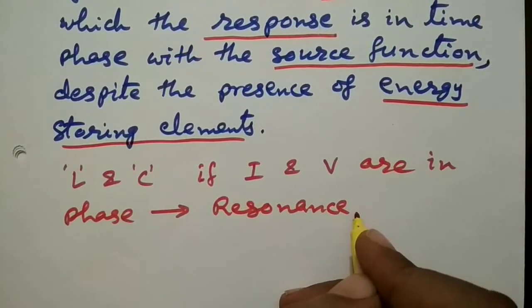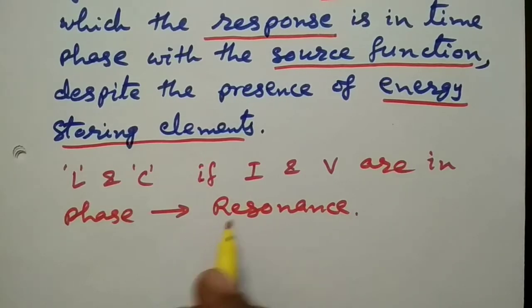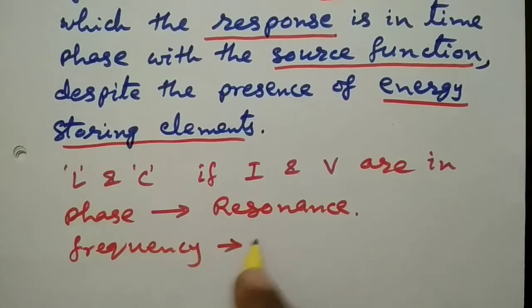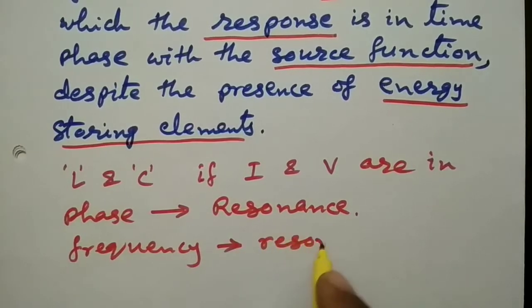And the frequency for which the voltage and current are in phase is considered as the resonant frequency. This is called the resonant frequency.